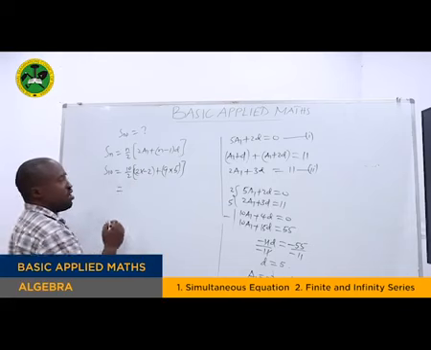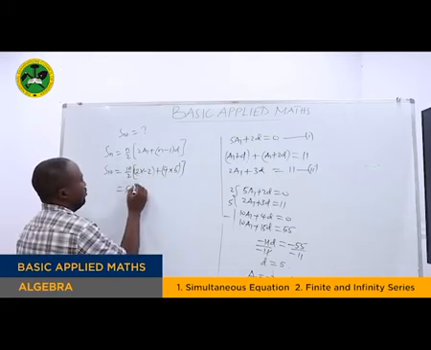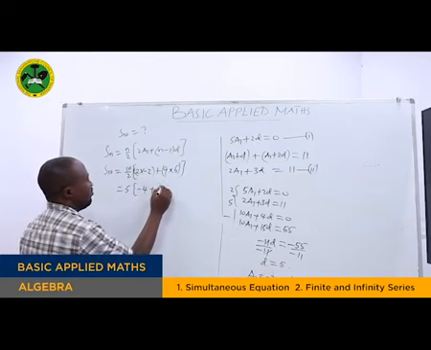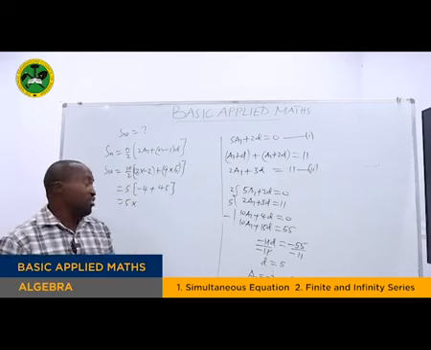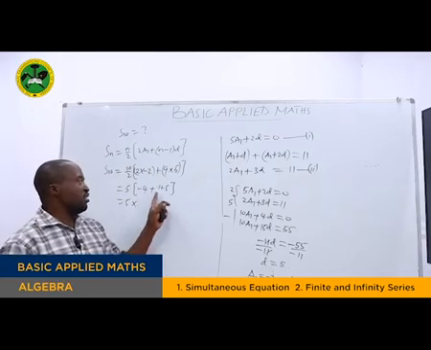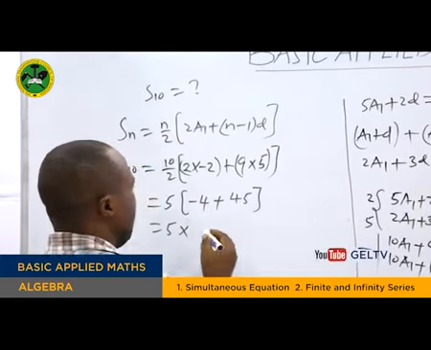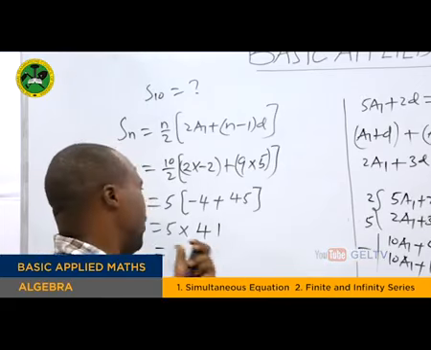So, my dear student, we are going to have 10 over 2, that is 5. Then we have negative 4, then plus 45. So that is 5 times negative 4 plus 45. That will be 41. So we have 5 times 41.